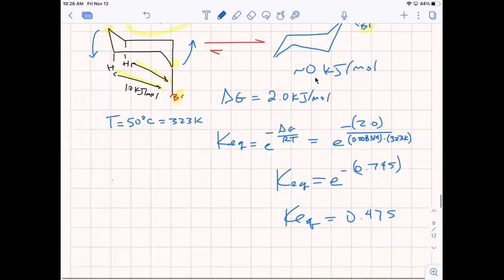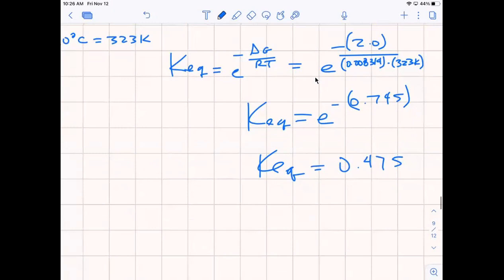Okay. So you can already see it's not going to be a huge difference in the equilibrium, because it doesn't cost as much for that bromine to be axial, right? It's 2 kilojoules. Even though it's an increase in energy, it's not so detrimental that none of that exists at this temperature. So let's see what we got.